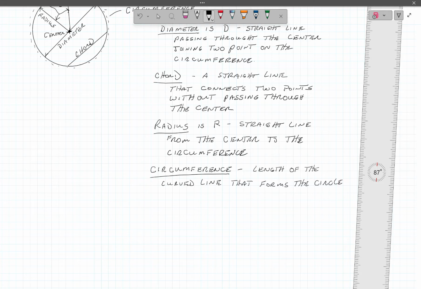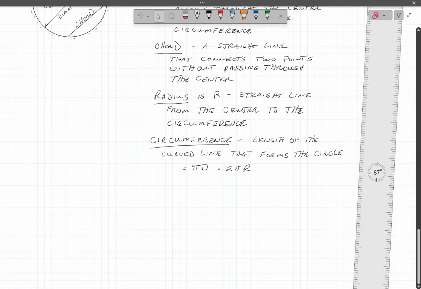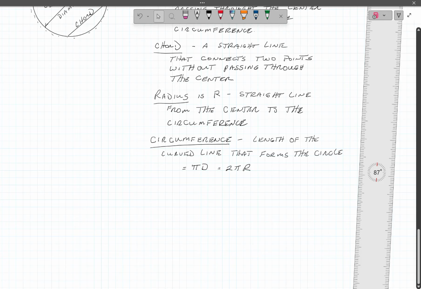Okay, and we're going to be interested in that because it's going to be defined as pi d or 2 pi r. The math world likes pi r, the engineering world likes pi d. Okay. All right, next things we got to deal with here.